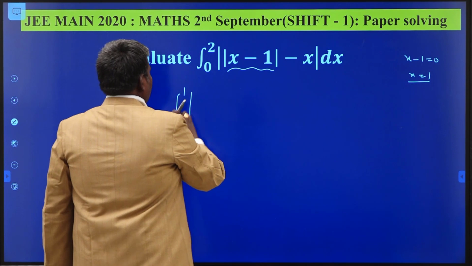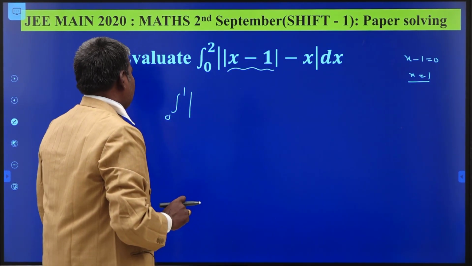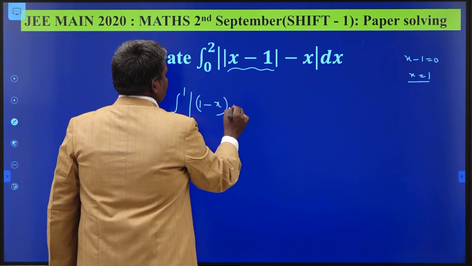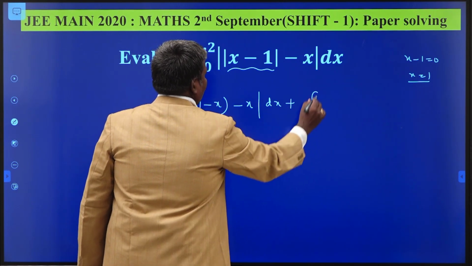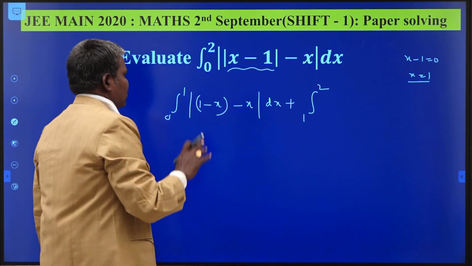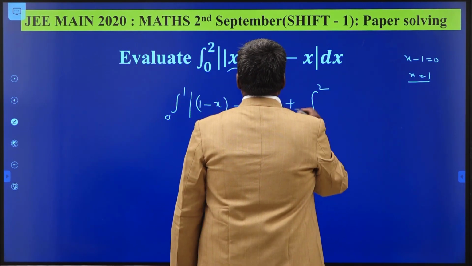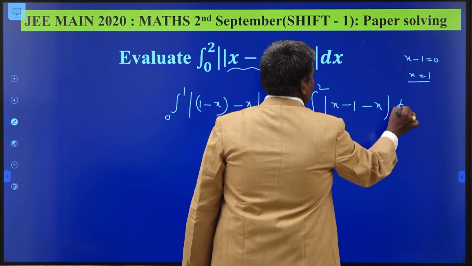What about mod x minus 1? Because it is negative, that becomes 1 minus x dx, plus from 1 to 2, what about mod x minus 1? Itself, x minus 1, because x minus 1 is greater than or equal to 0. From 1 to 2, modulus of x minus 1 minus x dx.